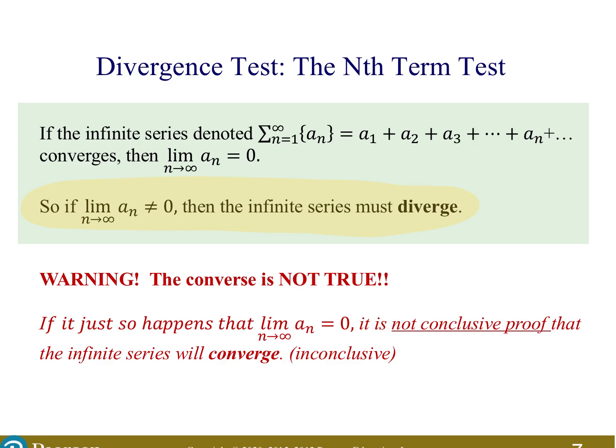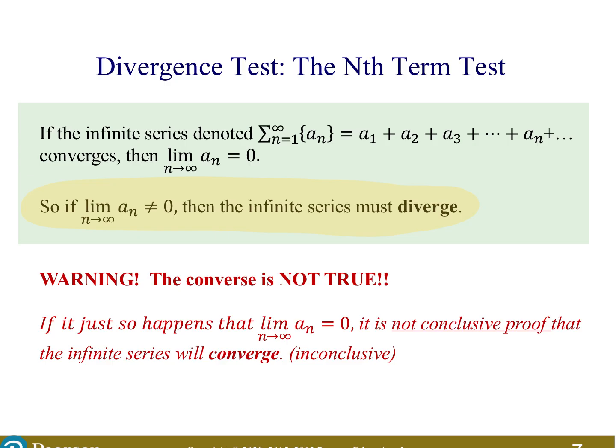But you have to be so careful that you don't assume the other part to be true. You cannot assume that if the limit of the last term is 0, it might converge, but it might not. There's no guarantee. And so many students fall trapped to thinking that the one presupposes the other, and that is not true. Only if the last term is not 0, then we have divergence.